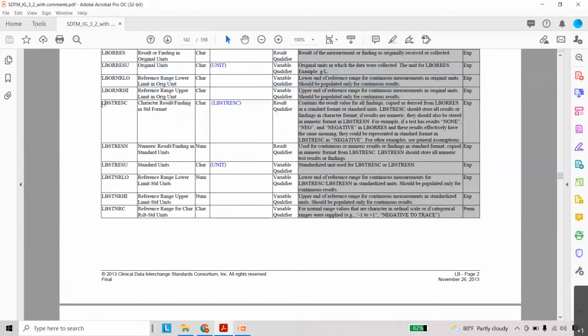Next one is laboratory standard results character.